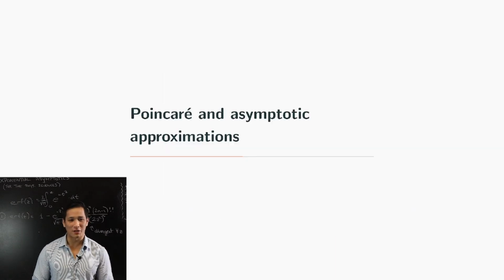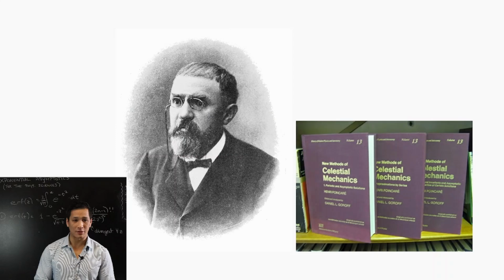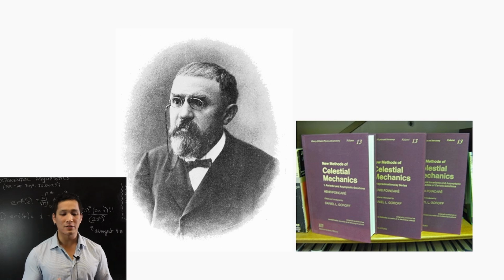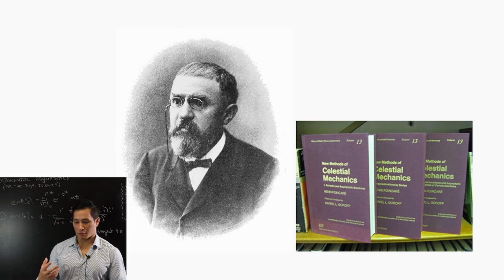Okay, so I want to go on now to Poincare and to give you precise definitions of what it means to be an asymptotic approximation. So where we left off with the history last time was that in the late 1800s, as I indicated, there were a lot of mathematicians and physicists and practical applied scientists who were using divergent series quite successfully in order to develop approximations.